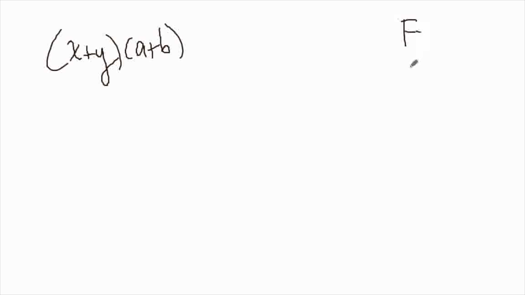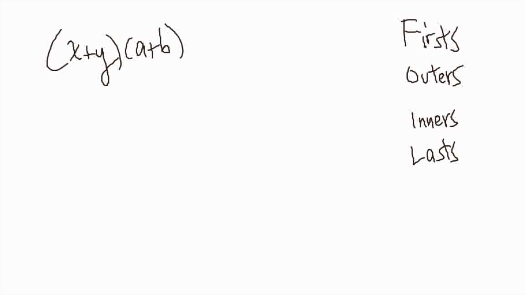Whenever you hear people say, oh, just do FOIL, here's what they're getting at. Each letter in FOIL stands for a certain pair. F stands for firsts, the L stands for lasts, the O stands for outers, and the I stands for inners. Now, what does that have to do with the product of the parentheses, you ask? I'm going to use FOIL and you'll see that it's going to give the same answers we had before.